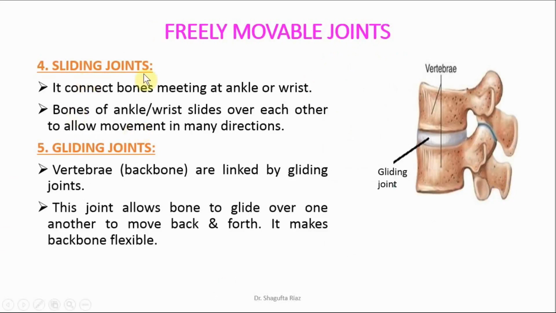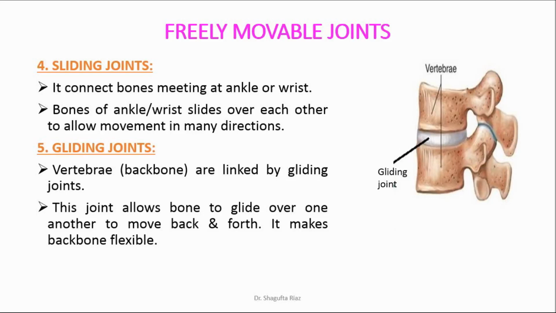Then sliding joints. These joints are present where the bones are meeting at the ankle or wrist. Your wrist and ankle bones are basically connected by the sliding joints, and as its name shows, it allows the bones present in the ankle or wrist to slide over each other.